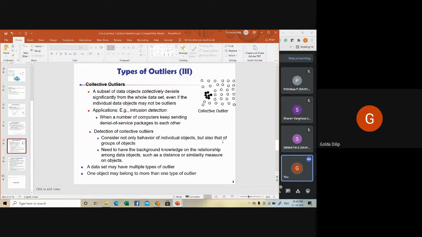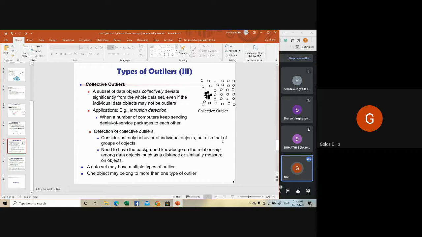Though one particular order is delayed, we cannot treat it as an outlier. Maybe that could be noise. But on the whole, when the entire bunch of 1,000 transactions gets delayed, that could be treated as an outlier, which is an example of a collective outlier. Another application mentioned here is intrusion detection.